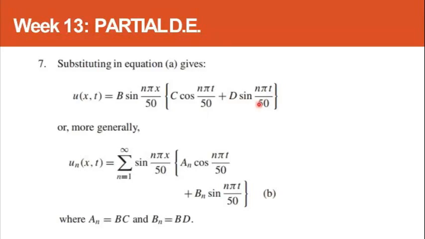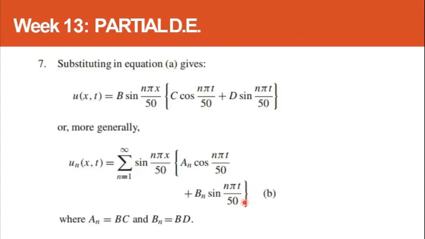And, based dun sa formula natin kanina, ito na yung magiging equation natin for the letter B, which is we have the summation from n is equal to 1 to infinity sine n pi x over 50. And then we have also the A sub n cosine n pi t over 50 plus B sub n sine n pi t over 50.